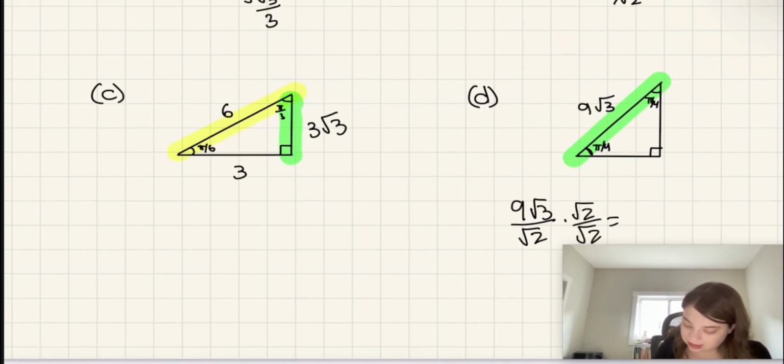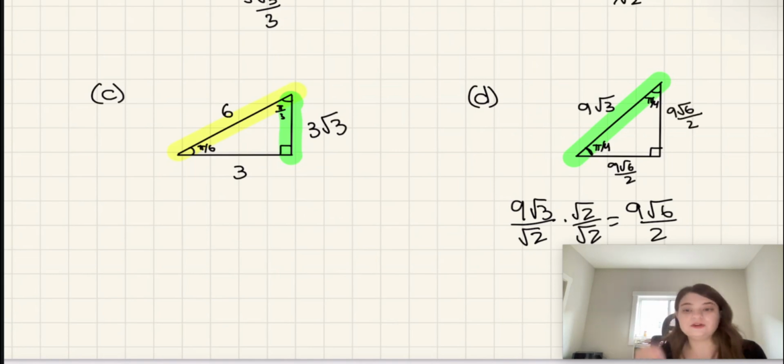And if I do that, I get 9 root 6 over 2. And so therefore the answer is 9 root 6 over 2 for these side lengths. And if we could simplify this, like if we could do 9 divided by 2 and actually get a whole number, then we would, but we cannot. So we can just leave it as 9 root 6 divided by 2.